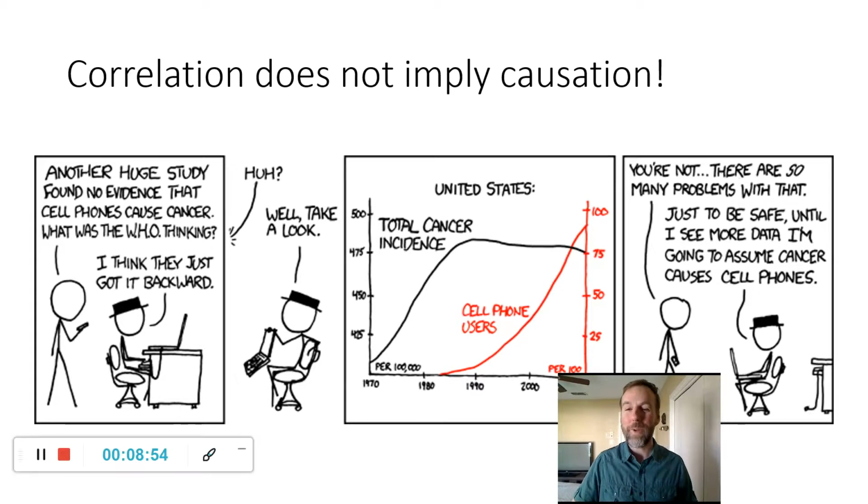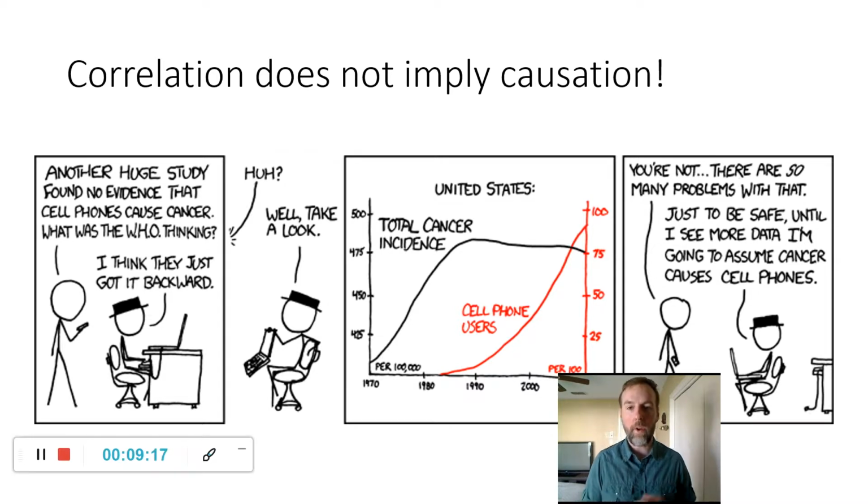What you could conclude from this relationship is that cell phones don't cause cancer, but the humorous thing to conclude is that maybe cancer causes cell phone use, because as cancer increased, all of a sudden cell phones appeared. So when we look at a correlation, it suggests a relationship, but we can't say it's a causal relationship.